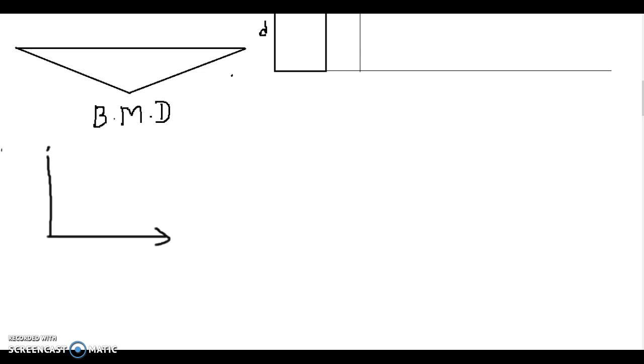This is my stress and this is my strain axis, and this is linear up to its yield stress, then it remains horizontal. So we know the understanding of this, what it says.